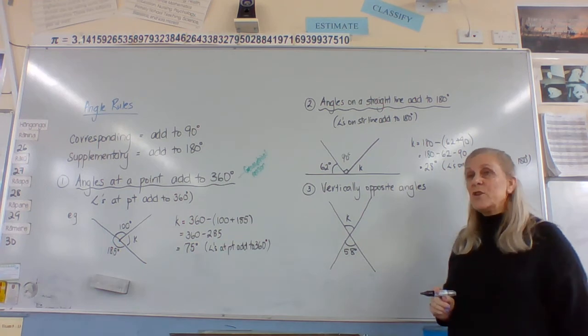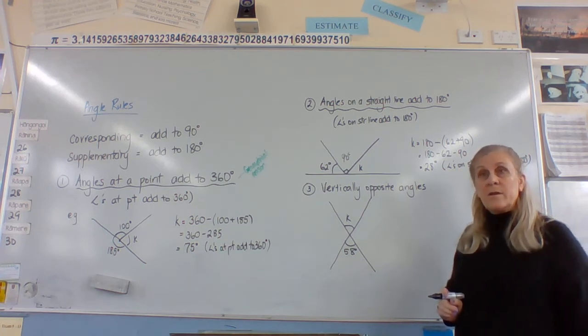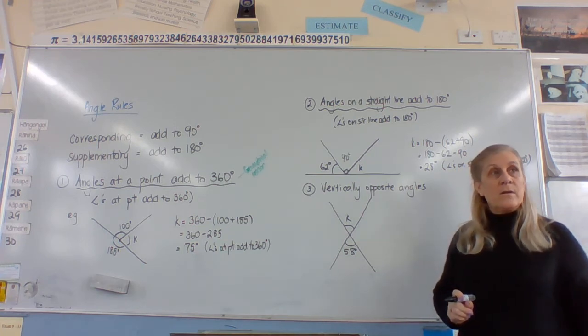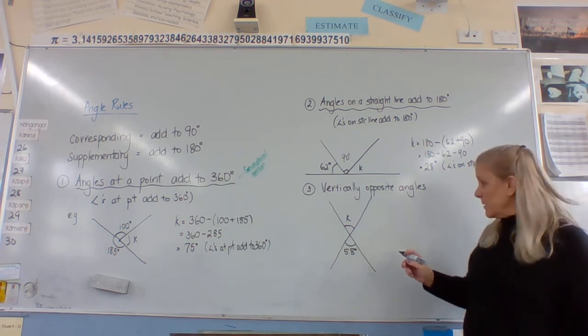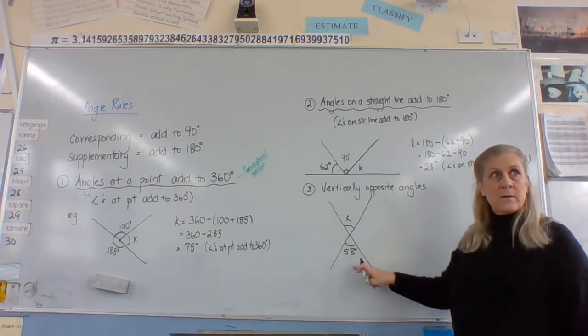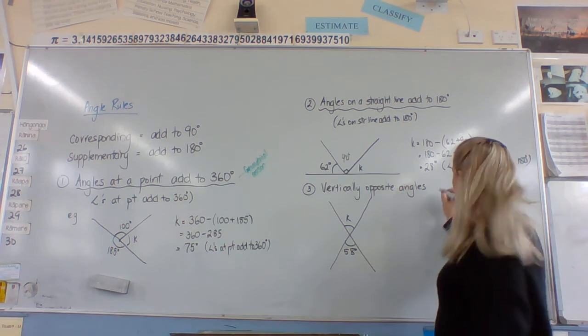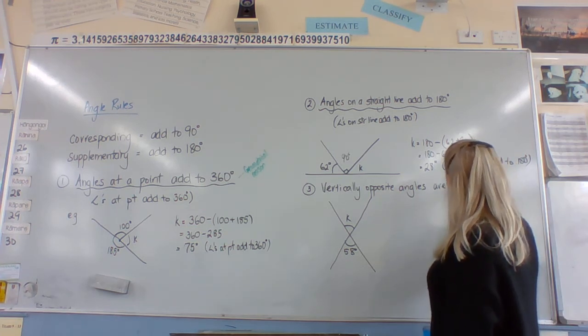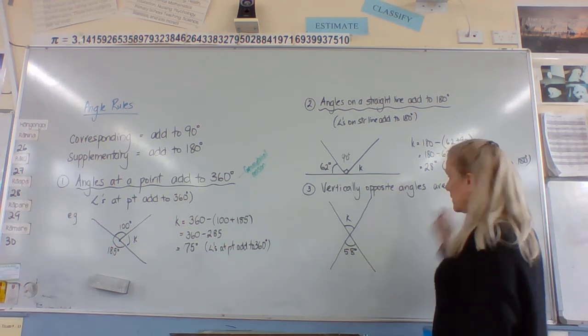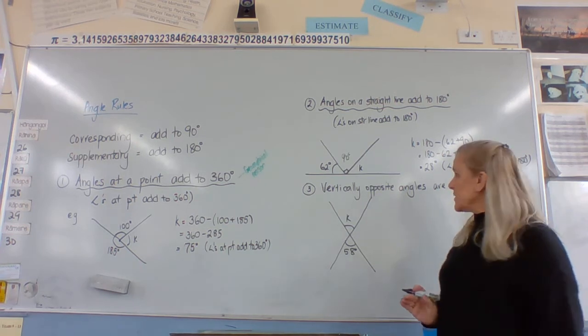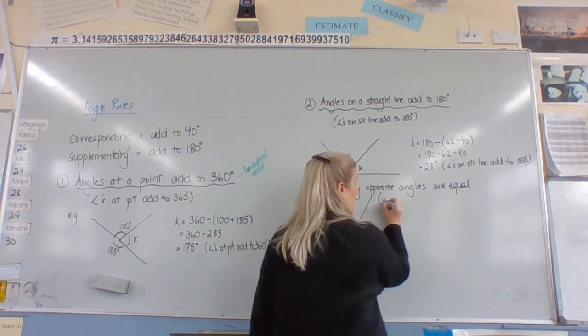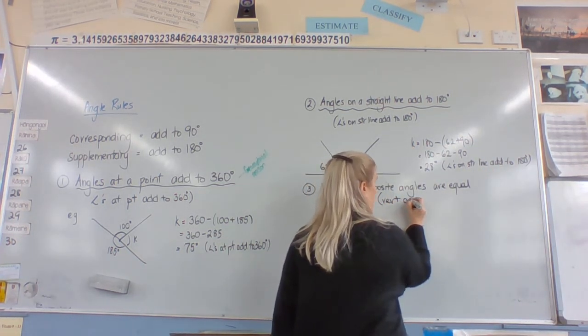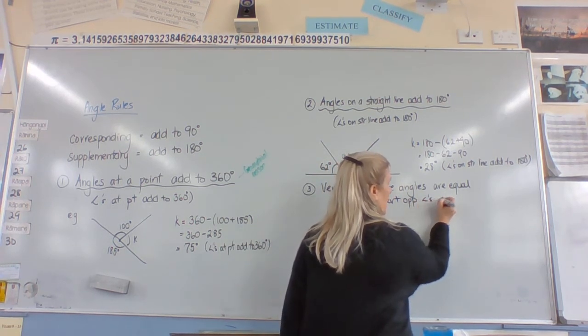What's true about vertically opposite angles? They've got to be equal. Right. Are equal. They're obviously the same if they're between the two same lines. So, the short version, vert, opp, angles, equal.